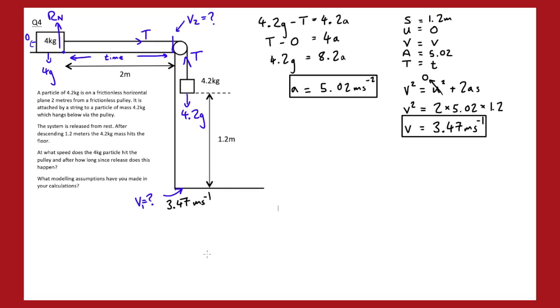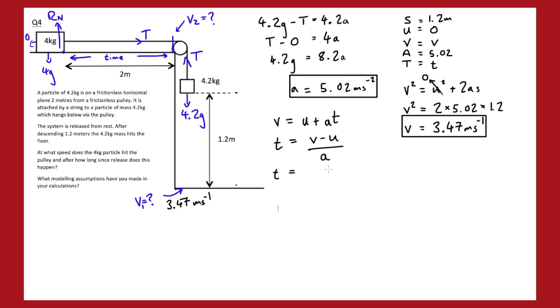Okay. Next thing to think about, how long does it take for this to happen? So how long is it going to take for it to get from here to the floor? Well, because we've got the final velocity now, we could use that in calculation. Now we could use other SUVATs, but let's use a simple one. Let's use v equals u plus at. Let's rearrange it. So if you rearrange it, we get t equals v minus u divided by a.